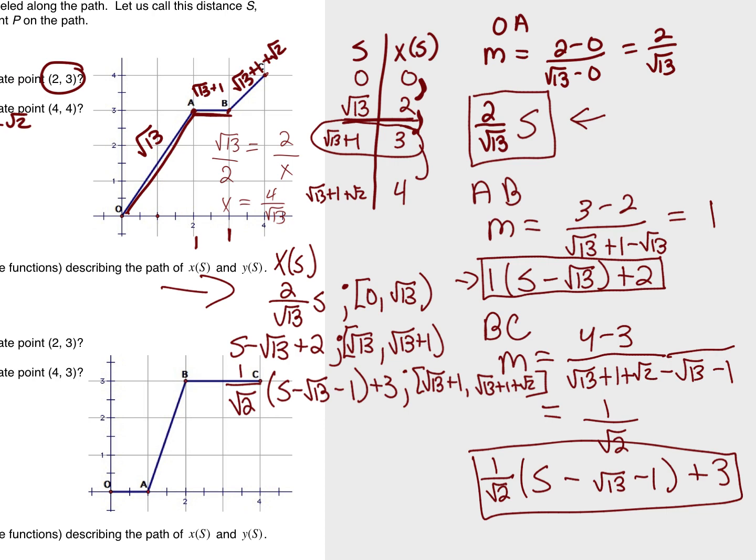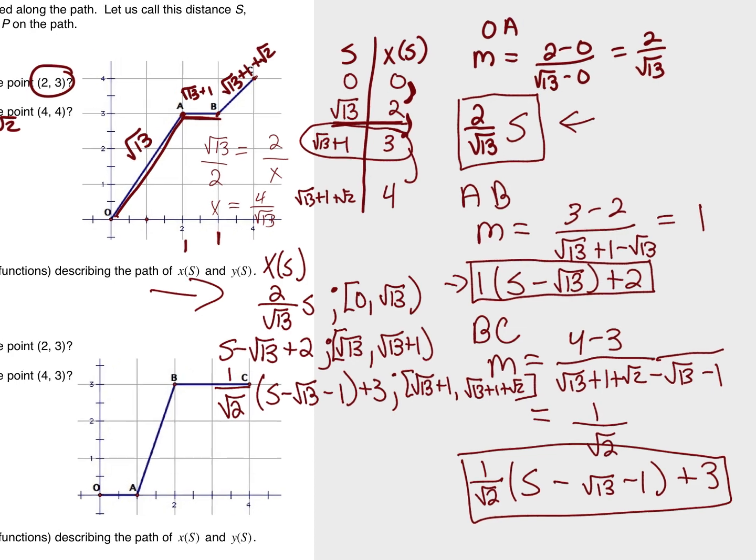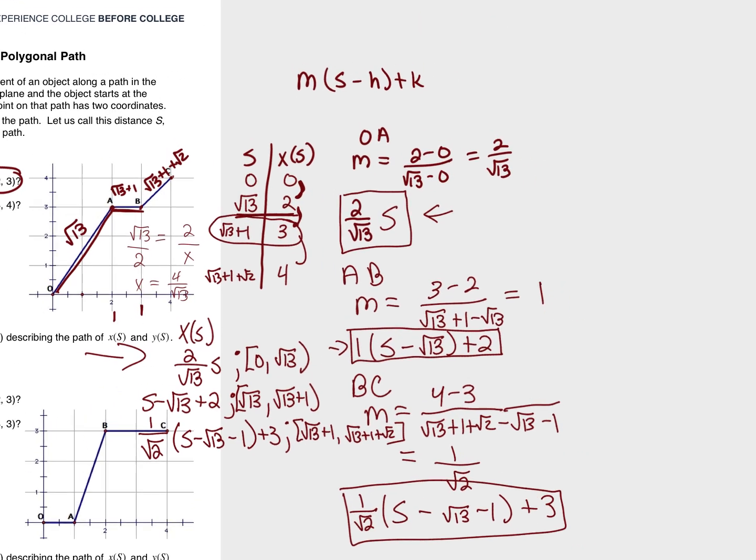Once you get used to doing it, it probably won't take as much space. But right now, I'm just trying to make sure you understand where I'm getting all my numbers. Okay, so let's do y. I'm going to change y and I'm going to do it in a different color. So this time we're talking about our vertical movements.